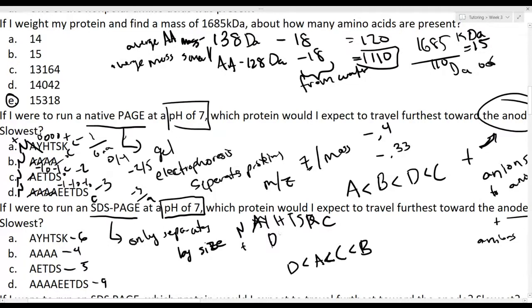Excuse me. Histidine has a pKa of 6, and so at a pH of 7, it'll be deprotonated. I know that histidine has nitrogen in it, so it's going to go from NH2 to NH3, something like that.